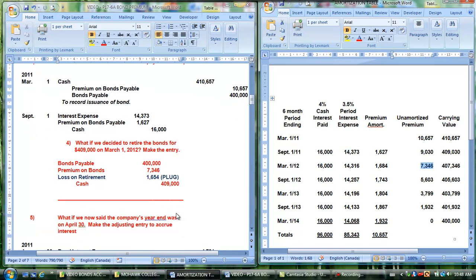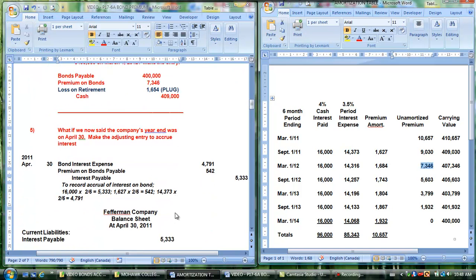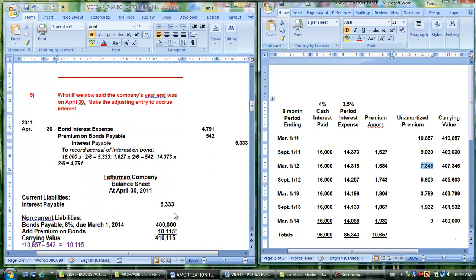Okay? So now, what would happen if now, instead of assuming that we didn't, actually, what I should say is, we didn't really say in this question when the year end was. We're just setting up a bond table, making journal entries to pay interest and record interest expense, right? But what if I said to you, I'm changing the deal on you.